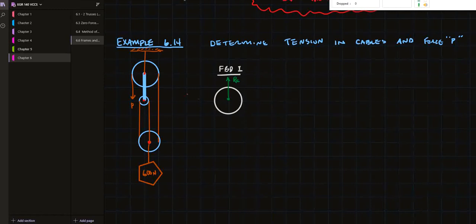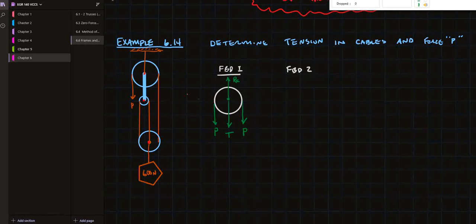P here is the tension in that, and since this is a pulley and it's free to rotate frictionlessly, we have also P over here, and then I have some tension pulling down here, T. So there's free body diagram number 1.